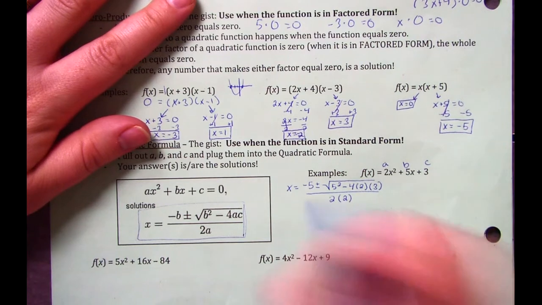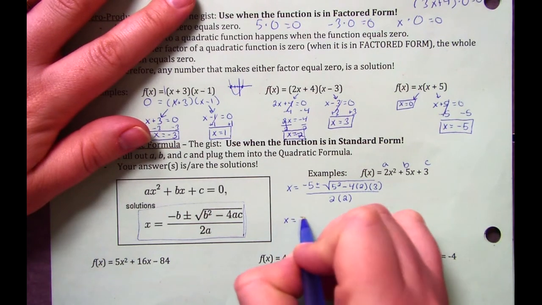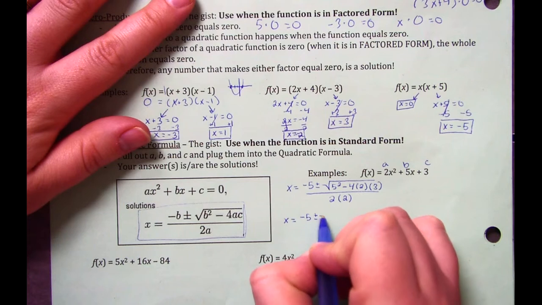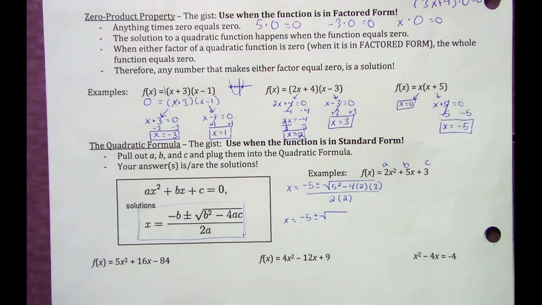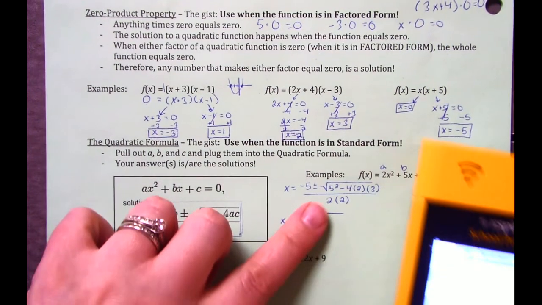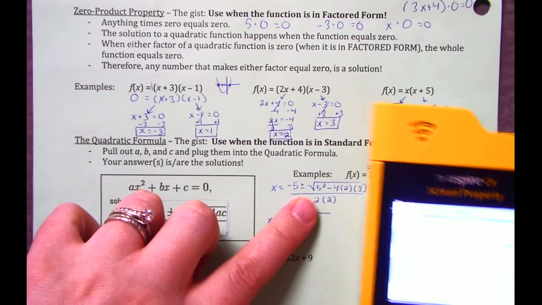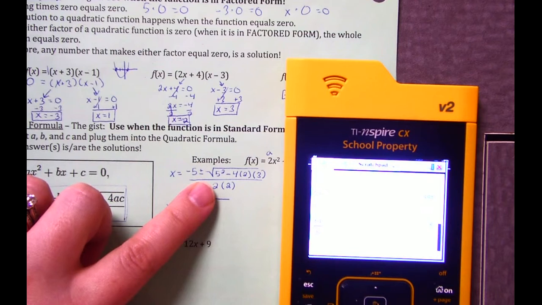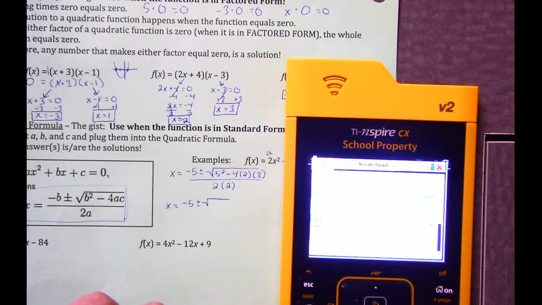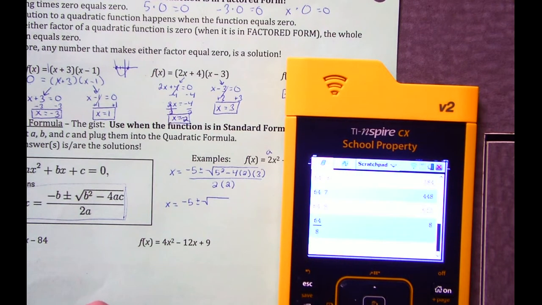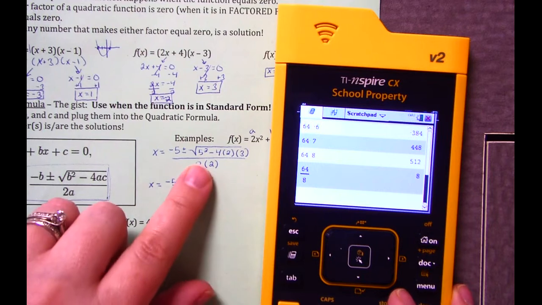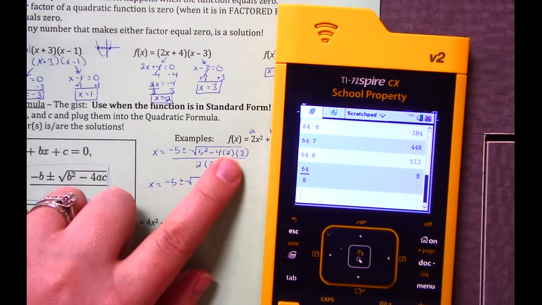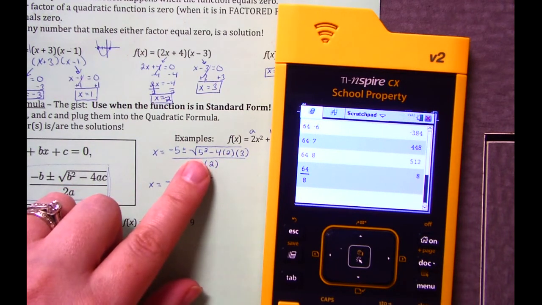Now I'm just going to simplify this. So I have x equals the opposite of b plus or minus the square root of. Now to simplify that, I can either do it in my head or I can do it in my calculator. So I'm going to type in 5 squared minus 4 times 2 times 3, exactly how I see it.